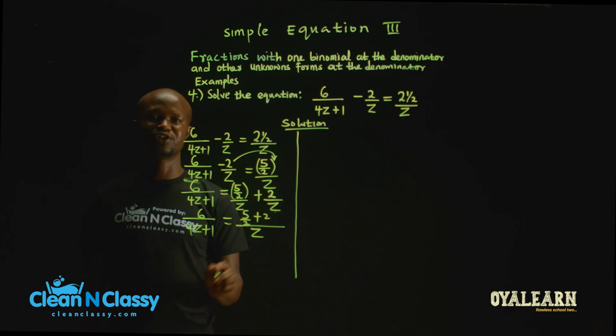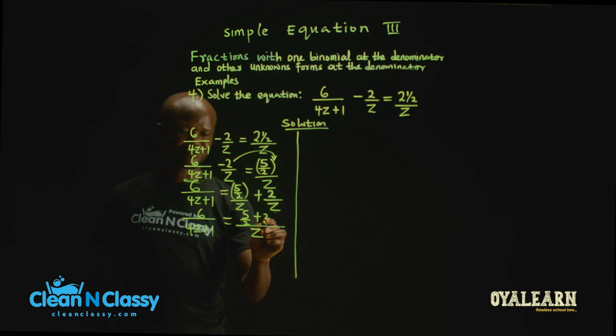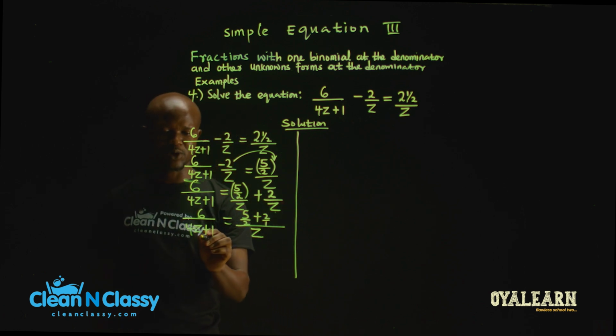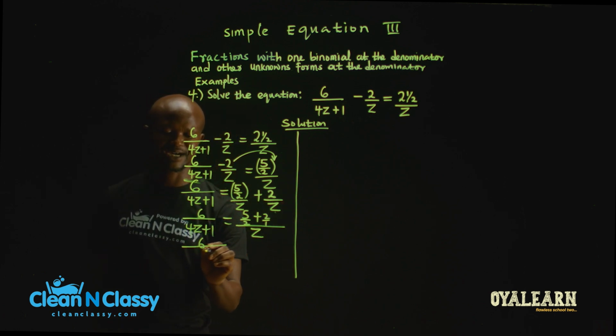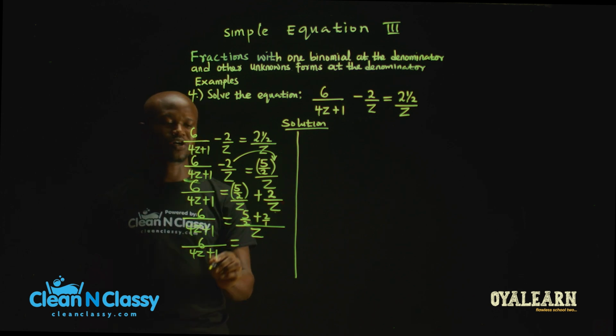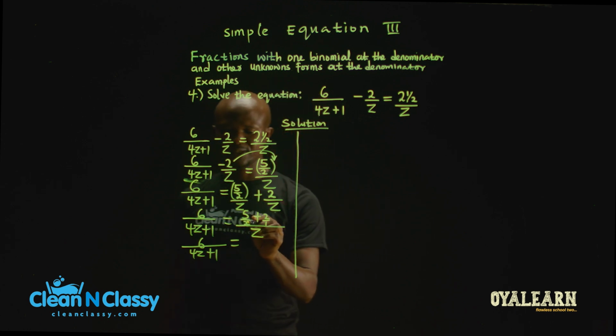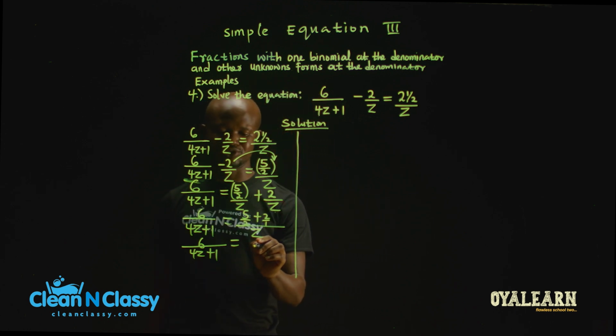So we combine the numerators. This 2 is like 2 divided by 1. So from here we have 6 divided by 4z plus 1 equals what? Looking at what we have here, what is the LCM? That is 2 for the numerator.